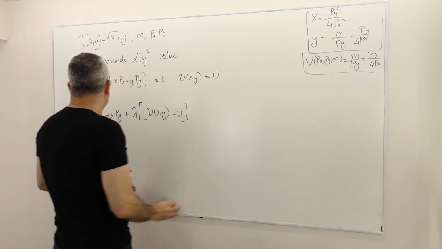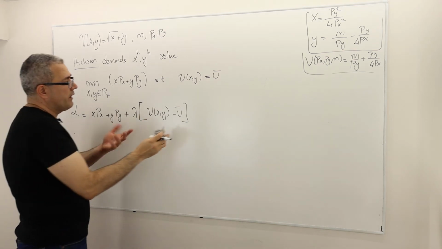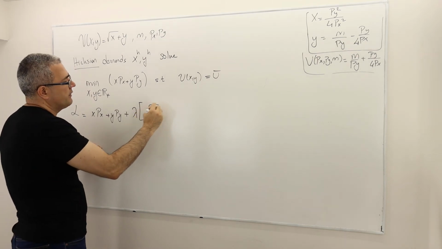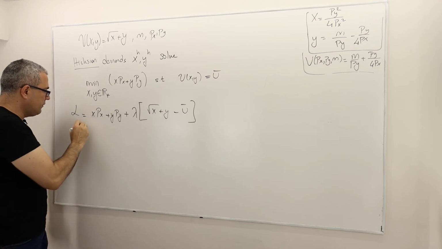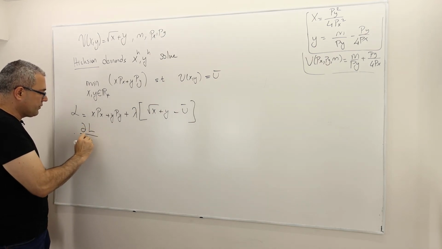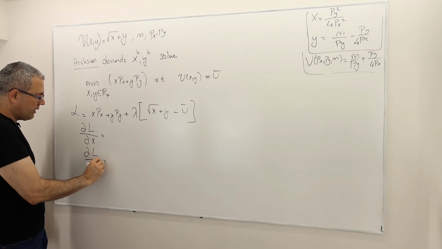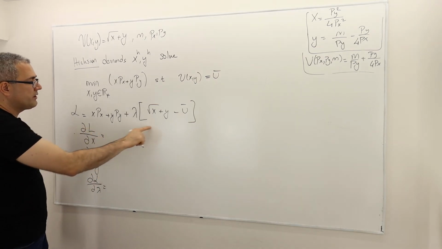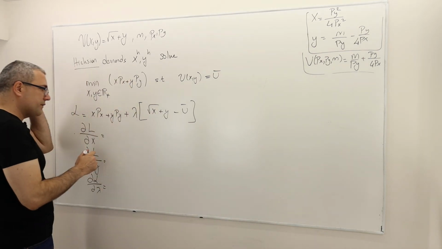Okie dokie. So don't forget our utility function is, I am not rewriting it, it's this minus u bar. So if you find the first order conditions, partial L over partial x, partial L over partial y, and finally partial L over partial lambda. The partial derivative with respect to x is simple.